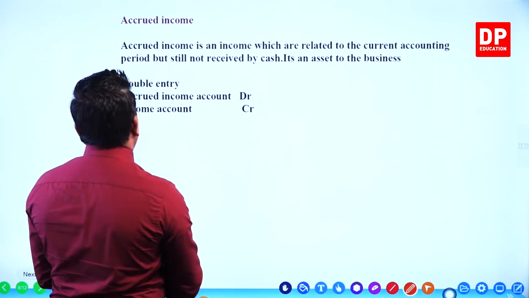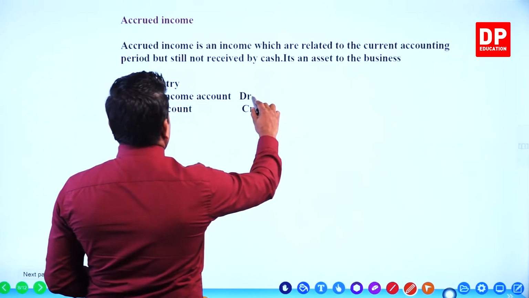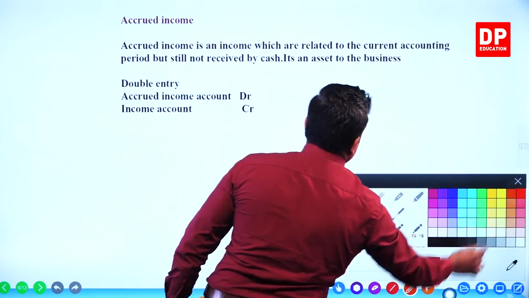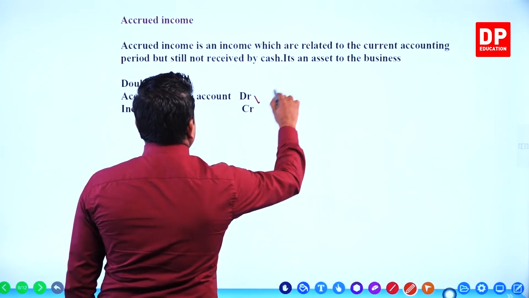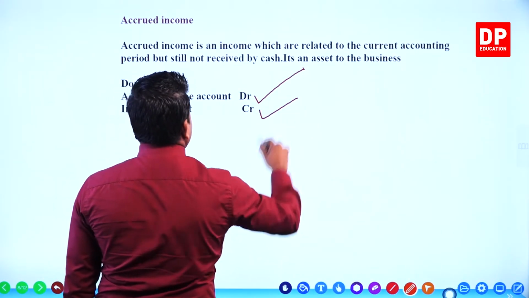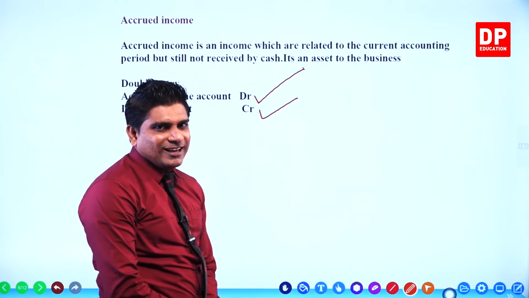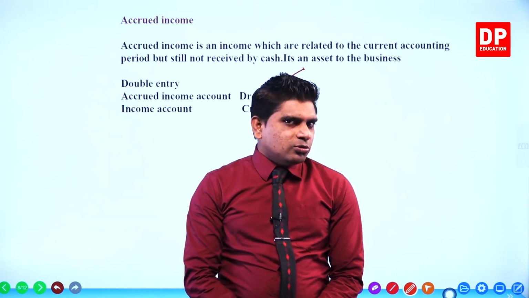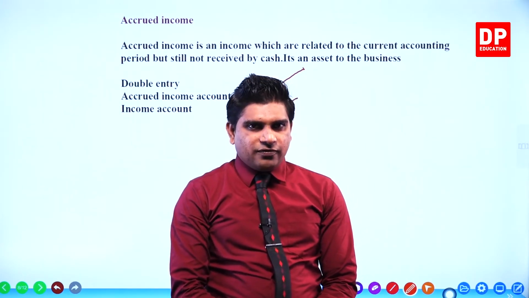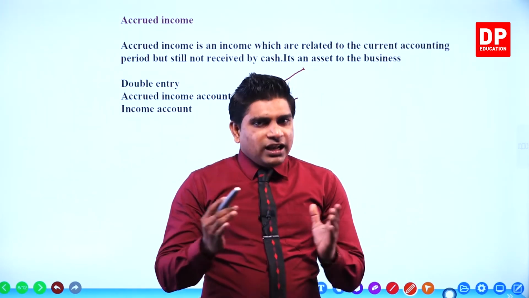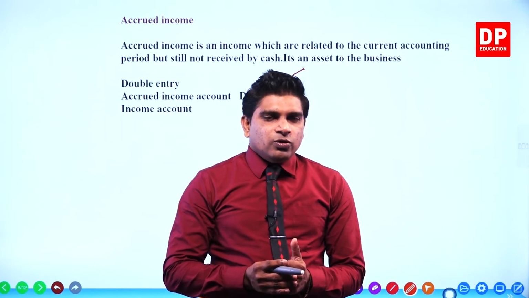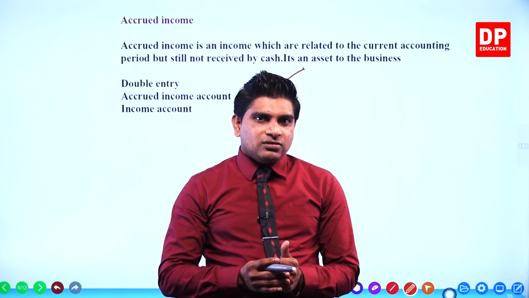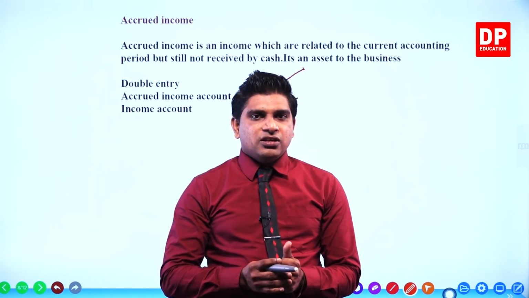Now the double entry comes like this: accrued income account debit, income account credit, because you know the income account is credited. There also I have given only 2 activities. Then we'll see how to record them in the general journal, ledger accounts and extract of financial statements.